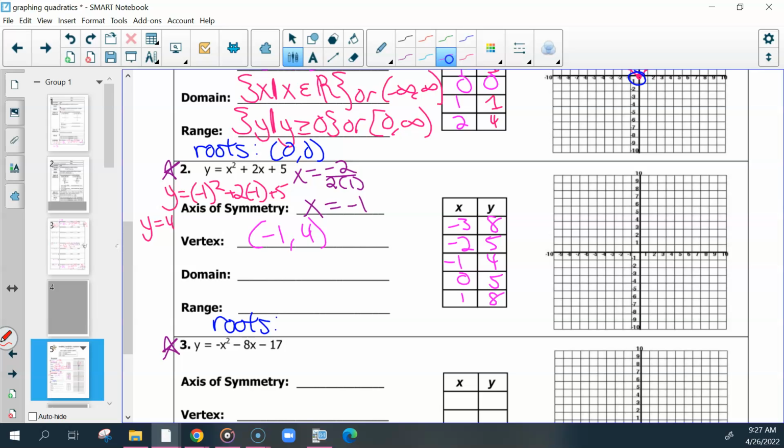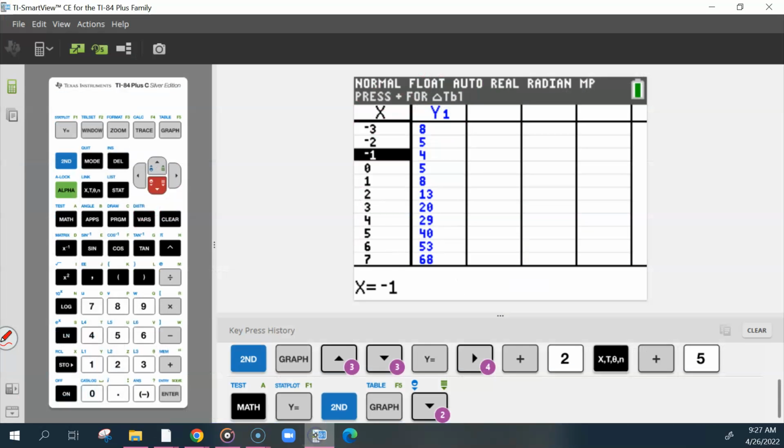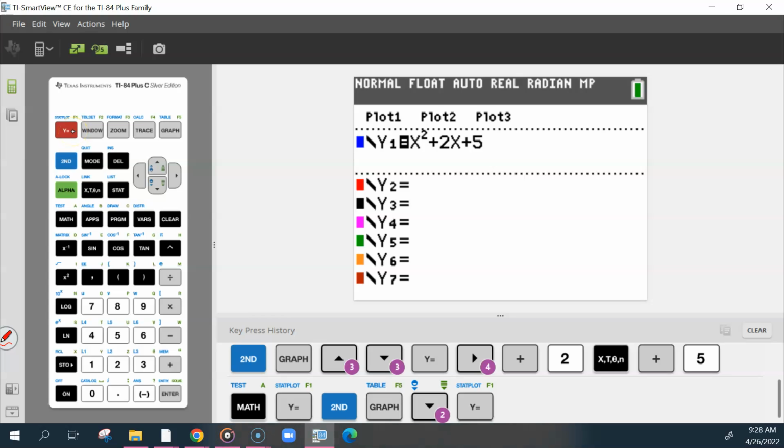Put it in the y equals. Go into y equals, and you have to type this in. You use this for x, this for squared. Okay.